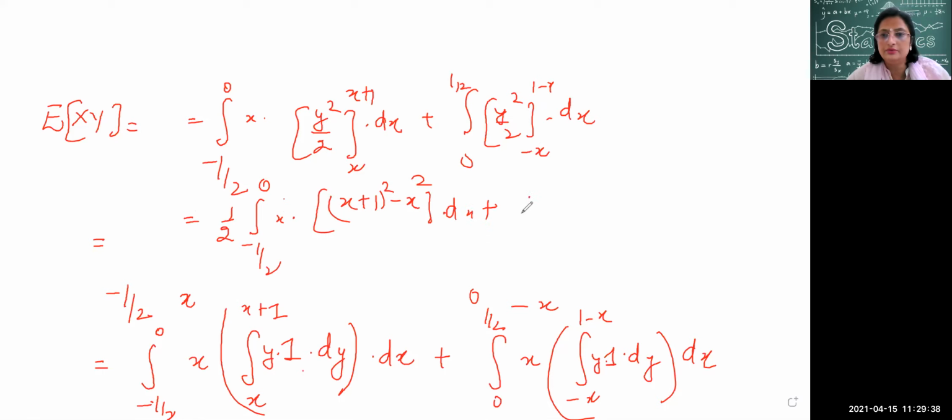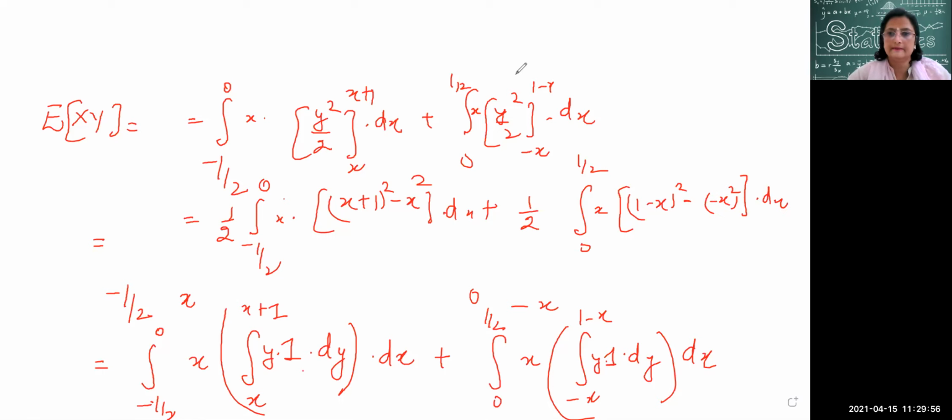Same here, 1/2 बाहर आ जाएगा. 0 to 1/2, x is also there. x into, अब आप इसको सॉल्व कर लेंगे. This is 1 minus x whole square, then minus of x square into dx.